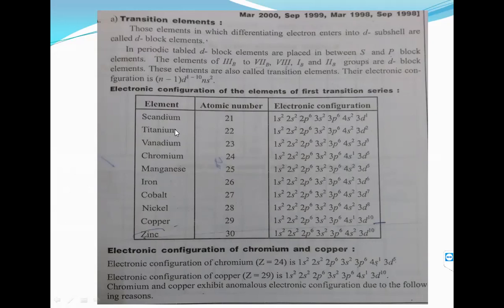The names of the elements are at the extreme left side of the table and their atomic numbers are shown in the middle of the table.